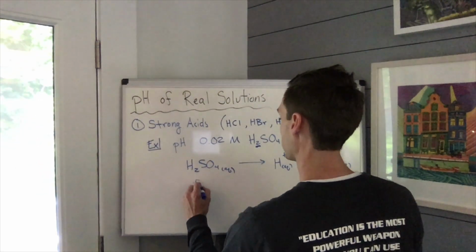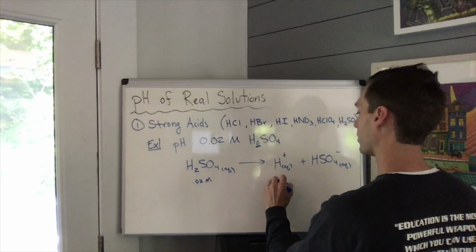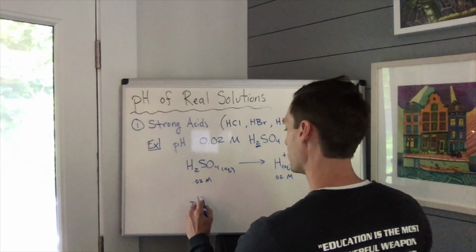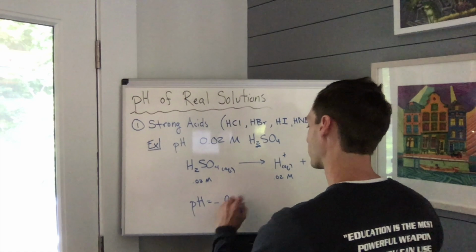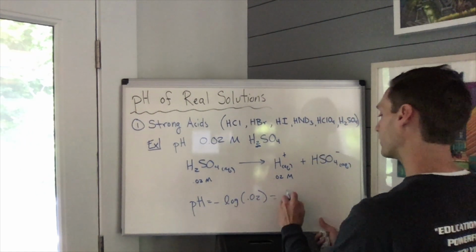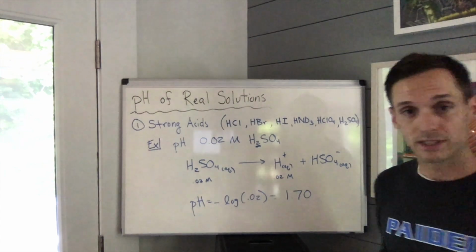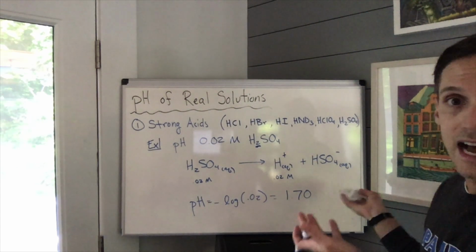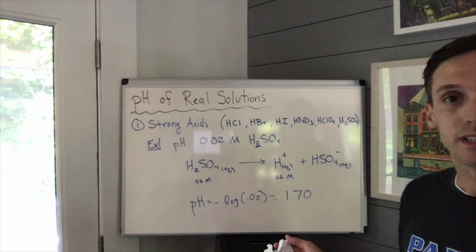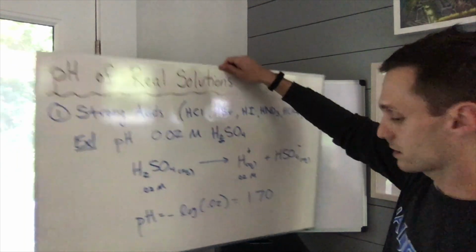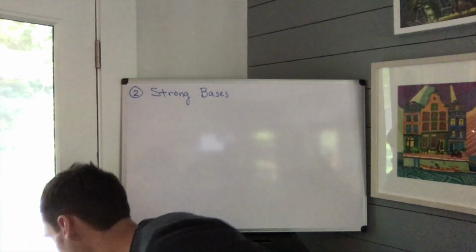If it's 0.02 molar here, it's also going to be 0.02 molar here. You plug that into our pH equation, negative log of 0.02, and you get a pH value of 1.70. Okay, so strong acids are very simple. They'll act like this 100% of the time. Okay? Let's go on to our second type, which will be strong bases.